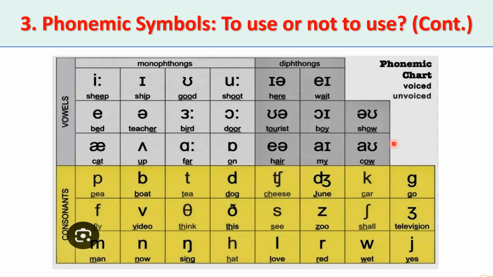But if the school or the teacher thinks that IPA is very important for the student to learn, even when they start to pronounce or read any words, then they have to teach it to the students.